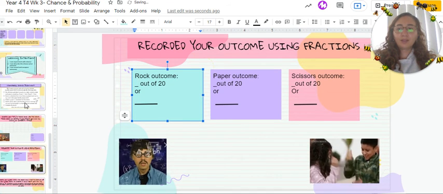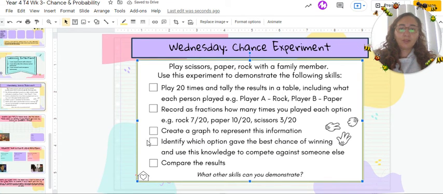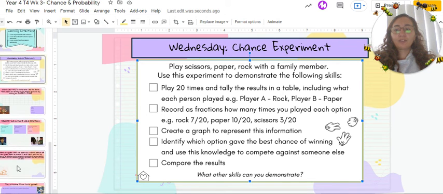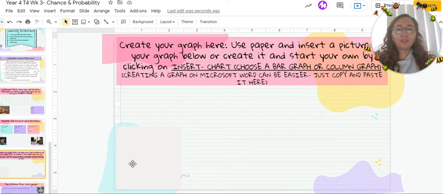All right, then you're creating a graph. So this might take you a while, guys. So if you don't finish it today, you can always finish it on your catch-up day on Friday. And now we've got create a graph. So remember, your graph is like a column graph, look down the bottom, or you can choose a bar graph which goes across. It's up to you.